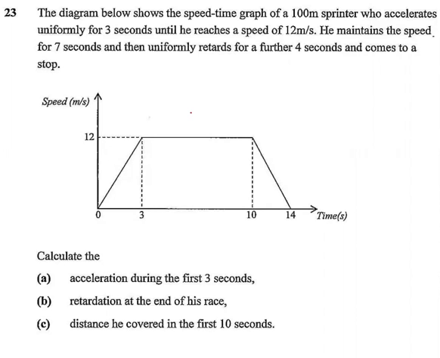He maintains the speed for 7 seconds and then uniformly retards for a further 4 seconds and comes to a stop. Calculate the acceleration during the first 3 seconds. All right, so we start with the first one.